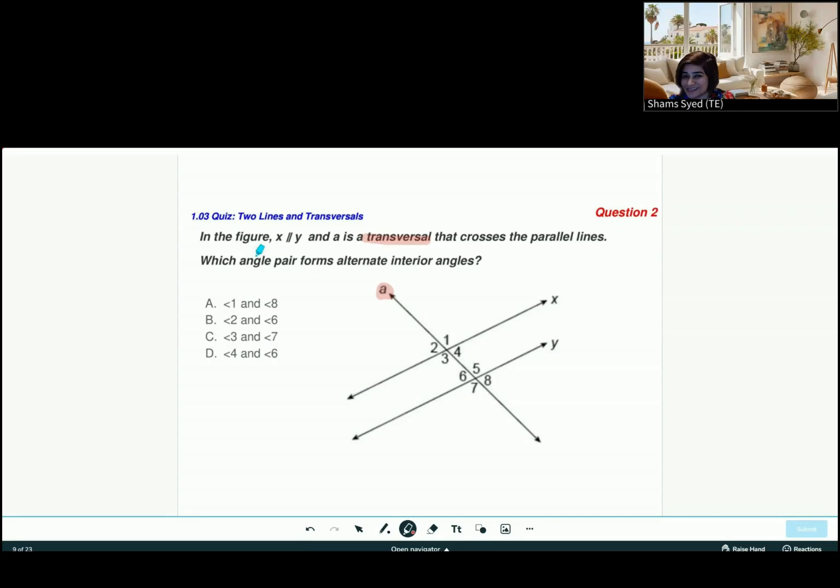Which angle pair forms alternate interior angles? They gotta be inside the parallel lines, not outside. So it's not angles 1, 2, 8, and 7. Why? They're all exterior. We need interior and alternate. Alternate means two different sides of the transversal.